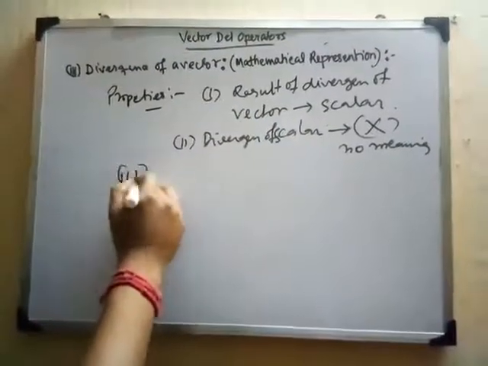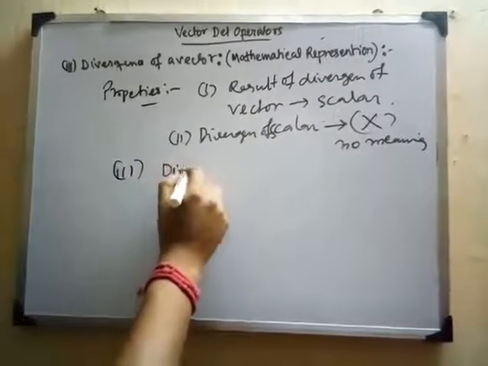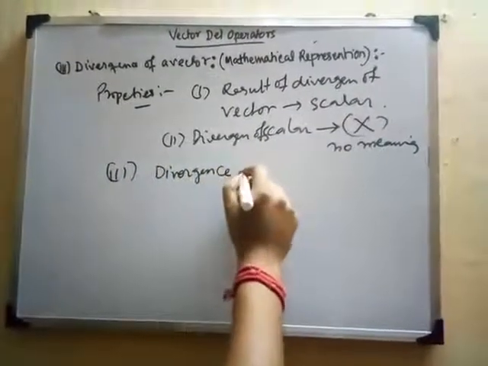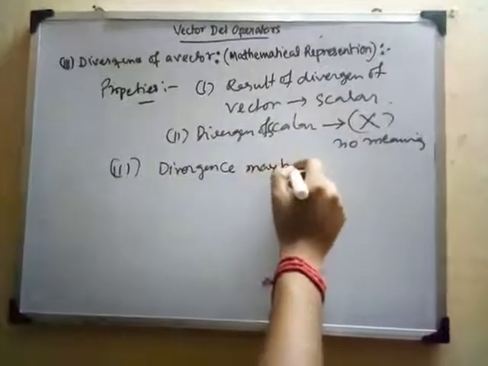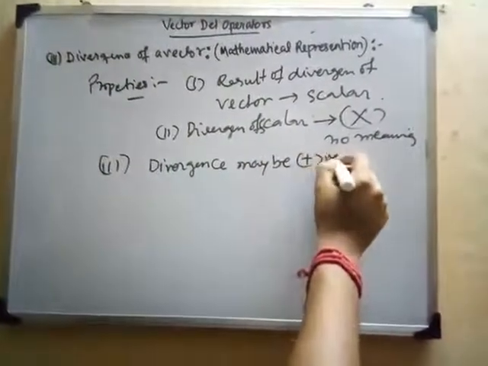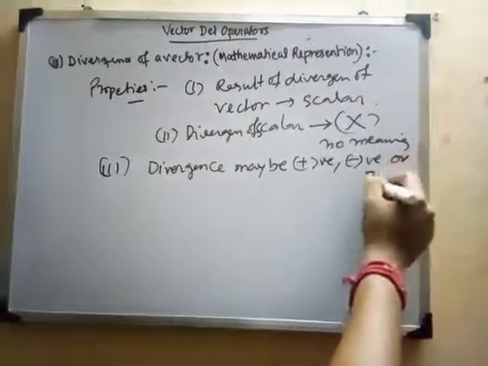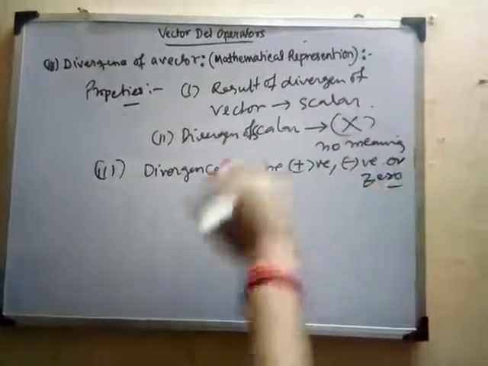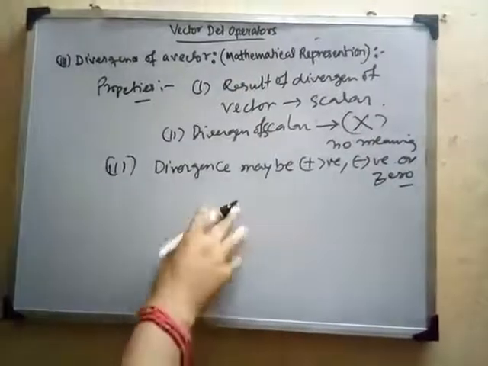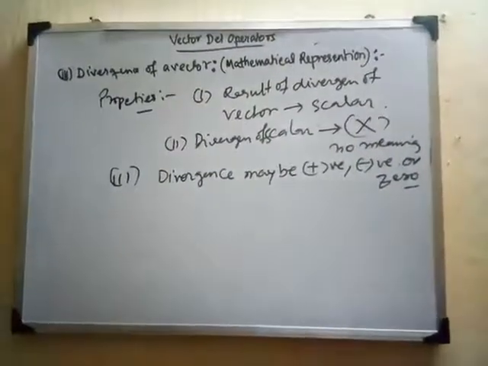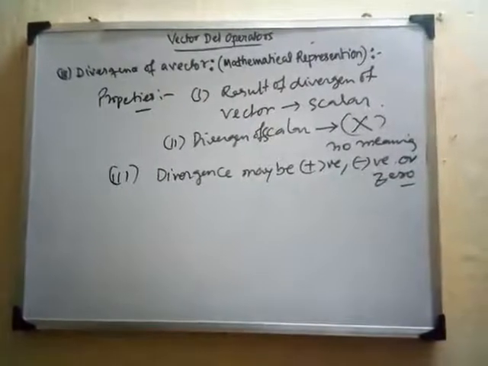Next, the divergence may be positive, negative, or zero. I've drawn a figure; you can go backward and see three figures in the bottom half where I explained the positive, negative, and zero cases.